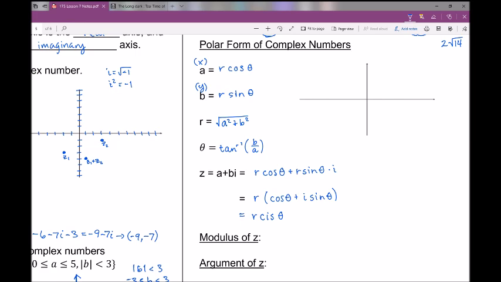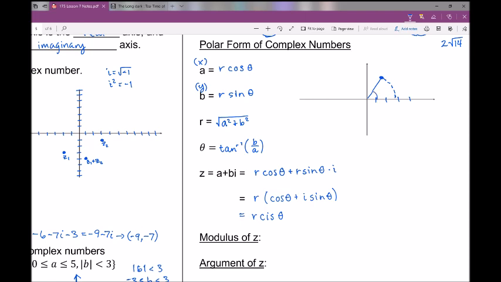So, if you wanted to graph this, it would be like you do in the polar coordinate system. So, you have some radius out from 0. So, like, let's say we had a radius somewhere right here, and you would rotate that some angle theta. So, let's say that your z was here.